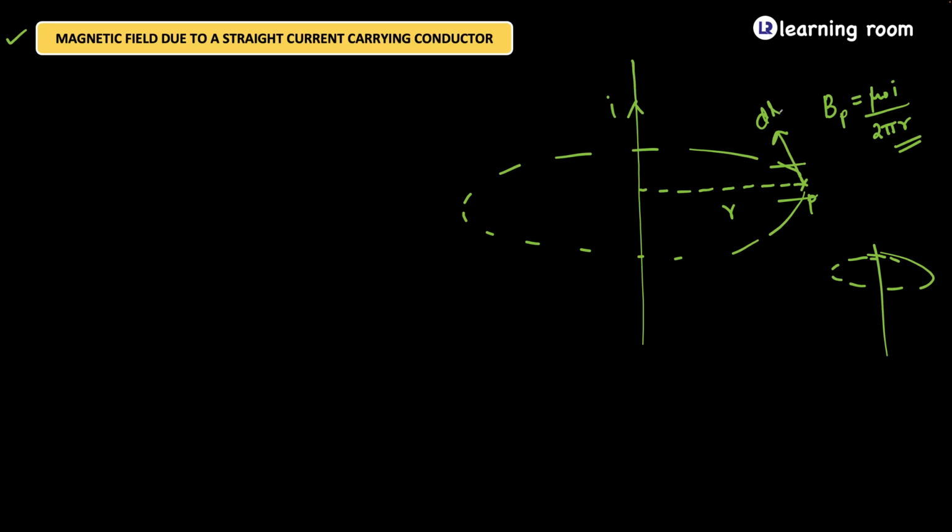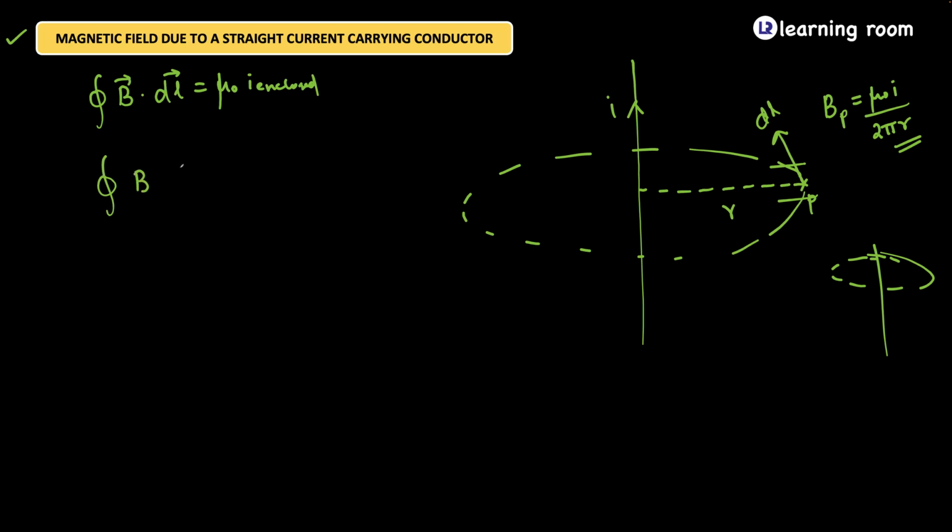Now I will start applying Ampere's circuital law. So what did it state? The line integral of B vector dot dl vector is equal to mu naught times the current enclosed. So when I write this B vector dot dl vector, in this case B and dl are in the same direction, so the dot product between them will be just the product of their magnitudes.